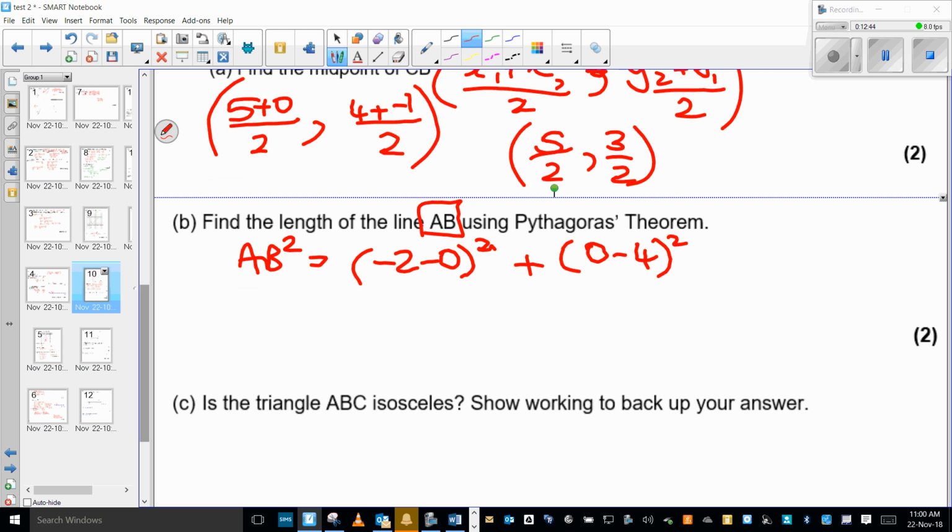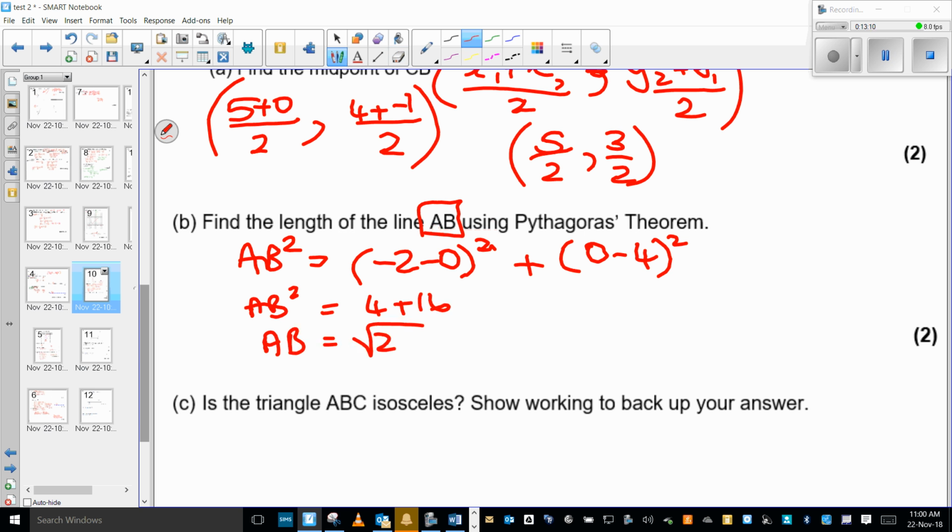Negative 2 take away nothing is negative 2; squaring that gives 4. 0 take away 4 is negative 4; squaring that gives 16. So AB squared is 4 plus 16, and AB is going to be the square root of 20. You could have left it as the square root of 20.